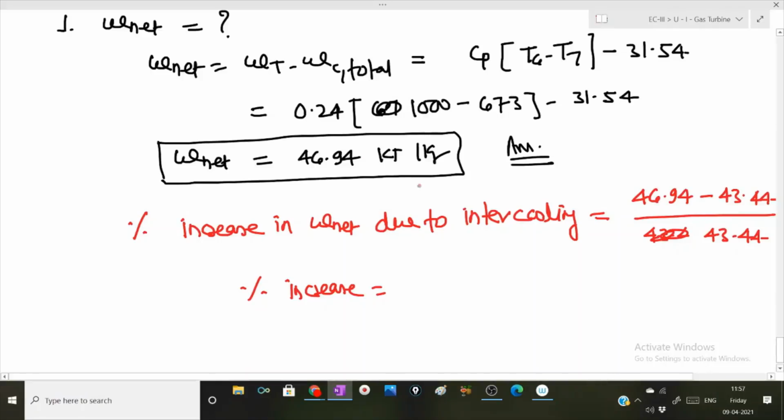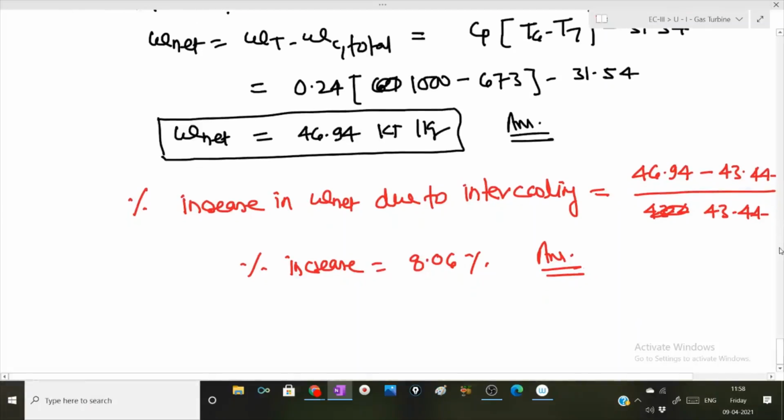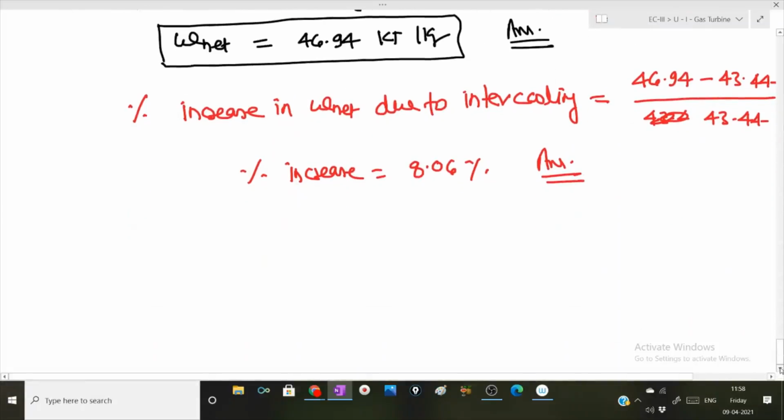So 8.05, 8.06%. So intercooling will increase the specific work output by saving the work required or work input to the compressors. That way it can increase the specific work output.